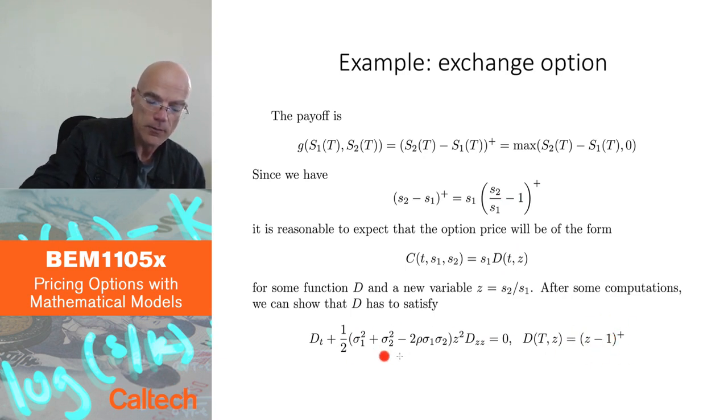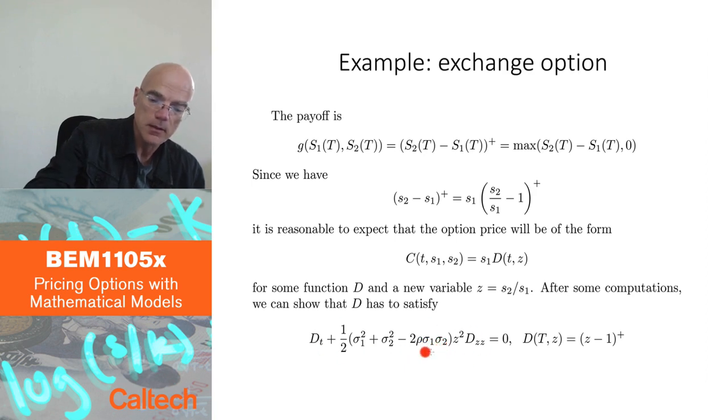And if you look at this equation for d, it is indeed a Black-Scholes type equation with r equal to 0. There is no interest rate here. And with volatility squared replaced by this whole thing: sigma 1 squared plus sigma 2 squared minus 2 rho sigma 1 sigma 2.